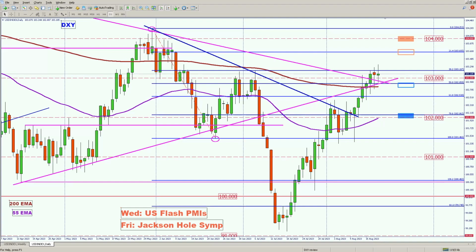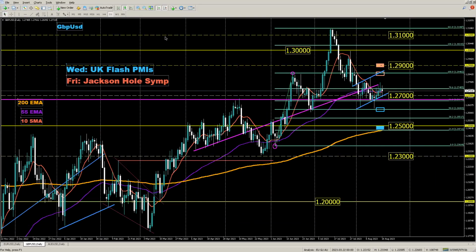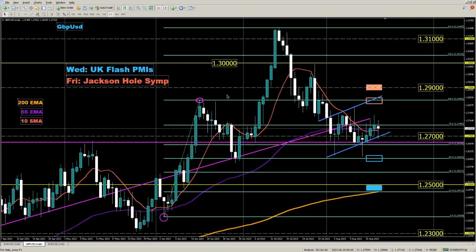All right, let's move back to the other major pairs. Let's move on to the cable, where it has been finding support along the lower channel trend line and trying to hold on.